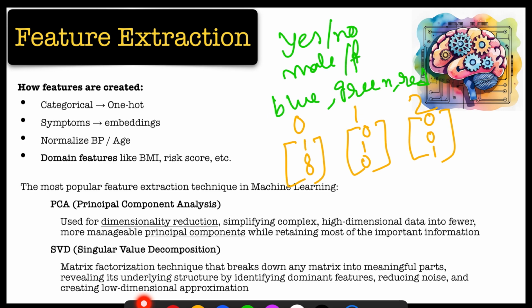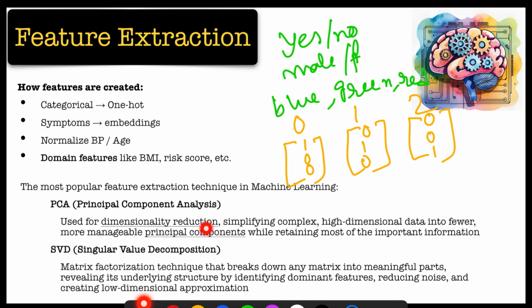But in general, there are two most popular feature extraction techniques in machine learning. One is PCA or Principal Component Analysis, and another one is SVD or Singular Value Decomposition. For PCA, I have already created one video. If you have time, you can go through that to understand it better. What PCA does is, it's used for dimensionality reduction, simplifying complex high-dimensional data into fewer, more manageable principal components.